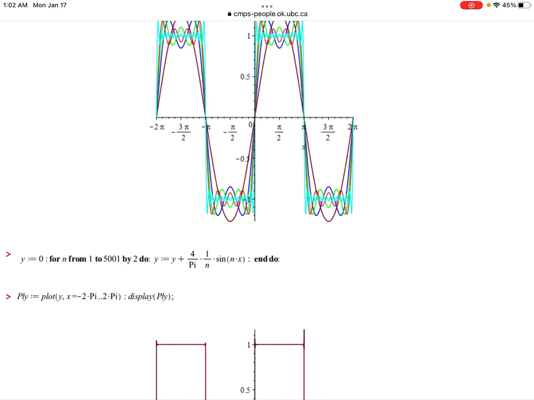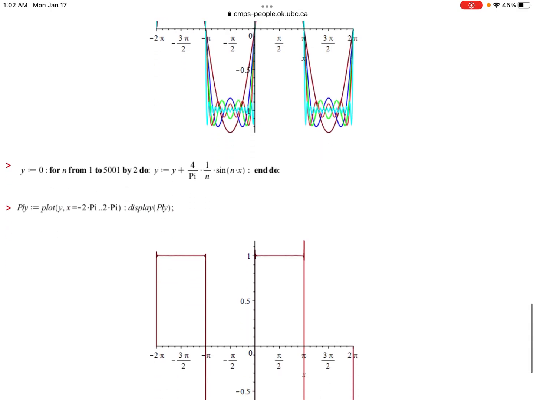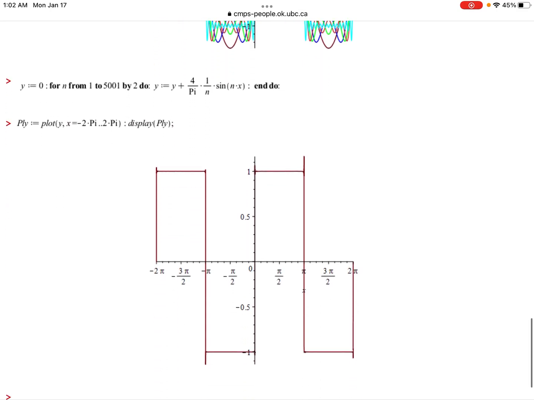And when I plot it, you can see that those oscillations in the horizontal sections are suppressed. You can see some imperfections right where it has to transition from being vertical to horizontal. But if you could actually include all infinity of those terms, then this would converge to a perfect square wave.